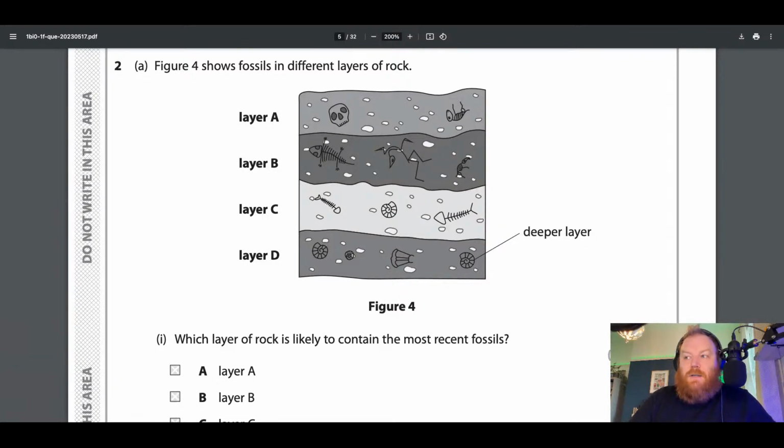And this is what we use when we're looking at ice records as well. We go to places like the North and South Pole, and we bore a hole all the way down into the ice and extract the ice.